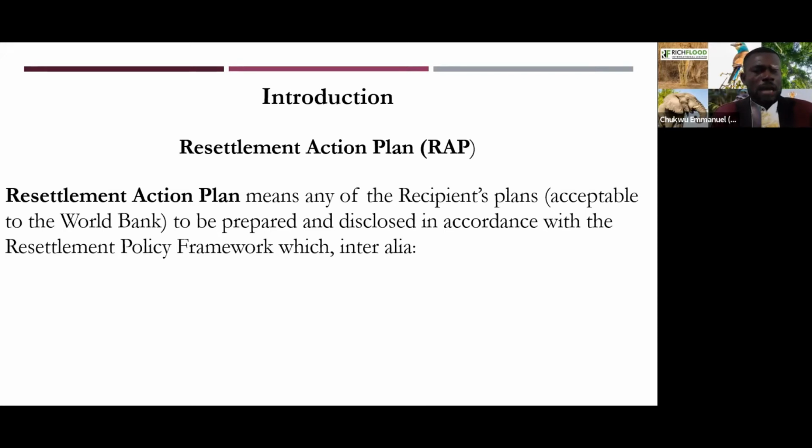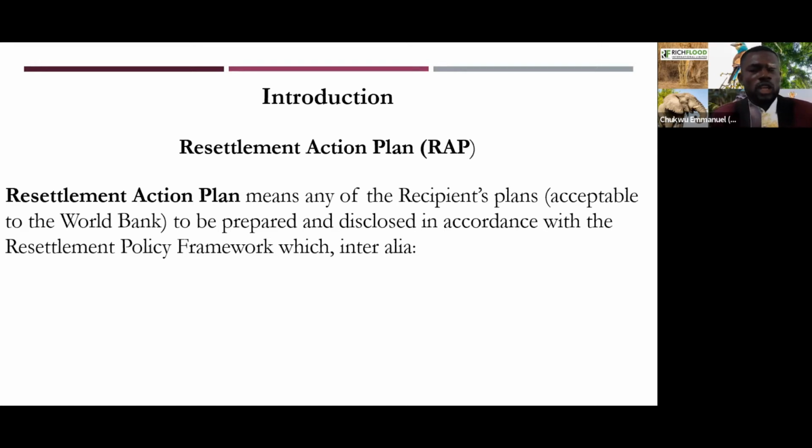Now, this also describes compensation and other resettlement assistance to be provided, consultation to be conducted with displaced persons about acceptable alternatives, institutional responsibilities for the implementation, and procedures for grievance redress.